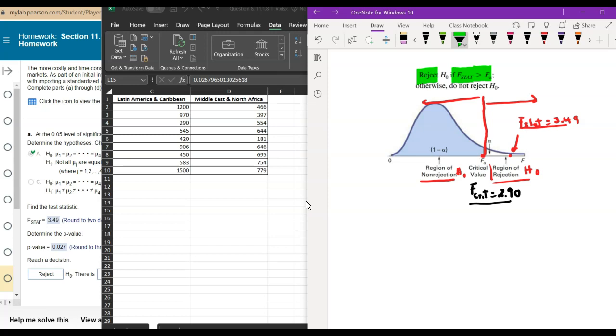Now, what does this have to do with the alpha and the p-value? The alpha is obviously over here, the shaded area all the way in the tail, right? Where the F alpha or the F critical stops, that's the area of alpha. On the other hand, the F statistic is right here, so you form another tail, and the tail on the right side of the F statistic is what we call the p-value.